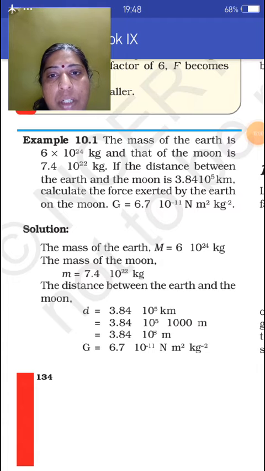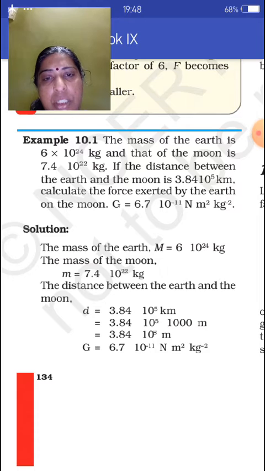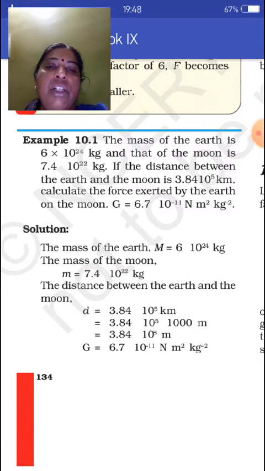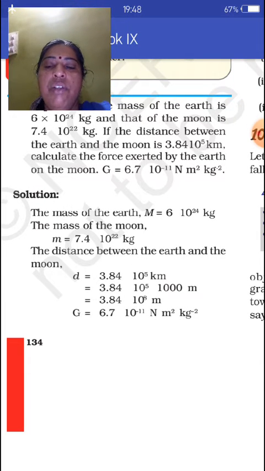If the distance between the earth and the moon is 3.84 into 10 raised to 5 kilometer, calculate the force exerted by the earth on the moon. Here the value of G is equal to 6.7 into 10 raised to minus 11 Newton into meter square upon kg square. So solution, first we have to write the data: M, m, d.